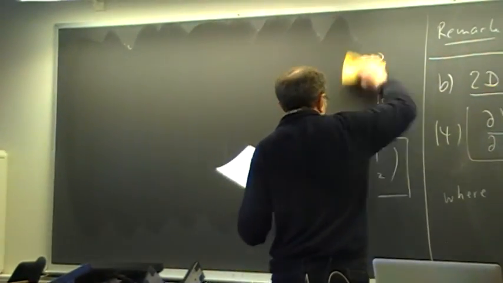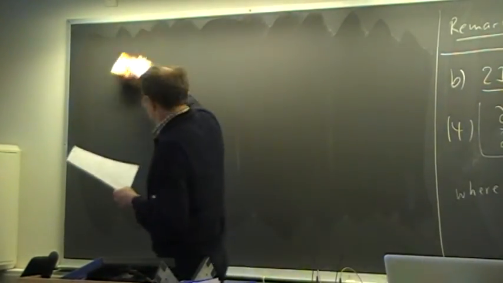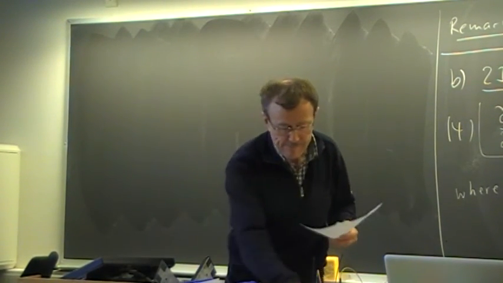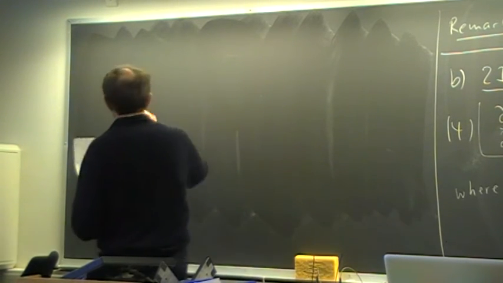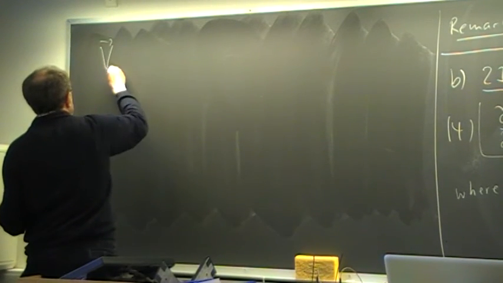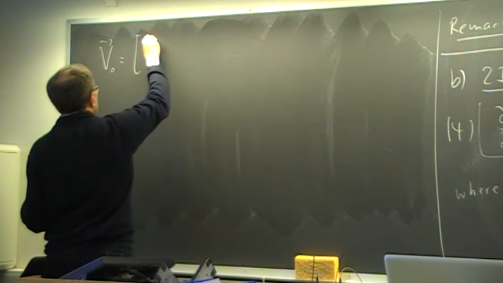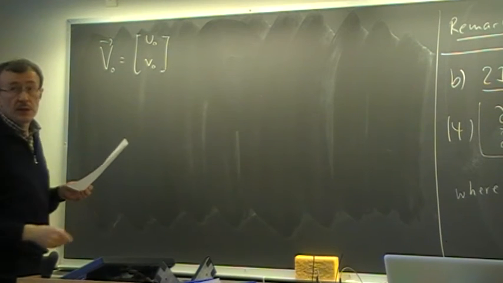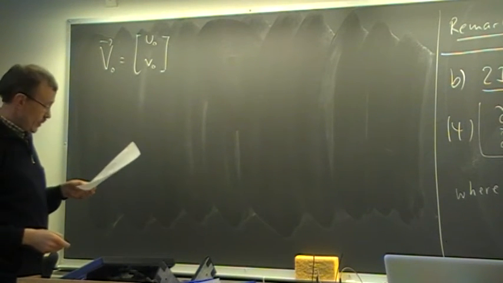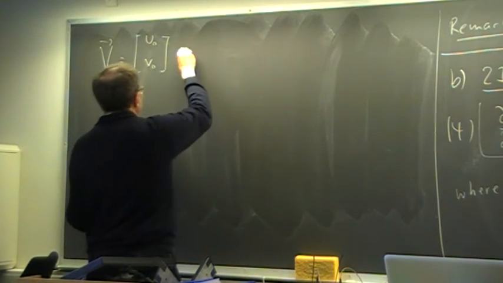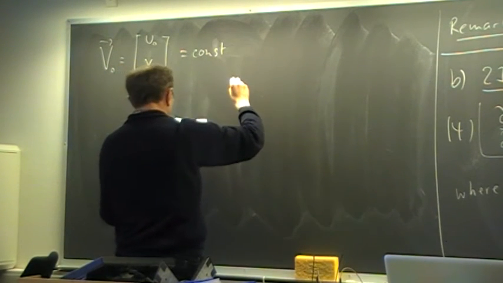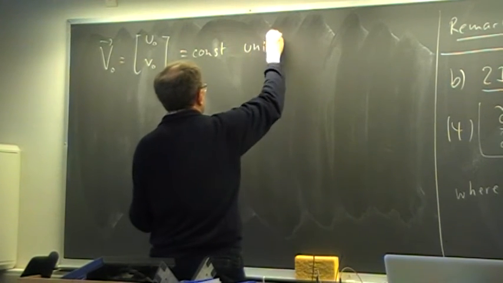All right. So the v0 has then the components u0, v0 that are appearing as the advection velocity in the equation. So that is assumed to be constant. That is the uniform flow velocity.